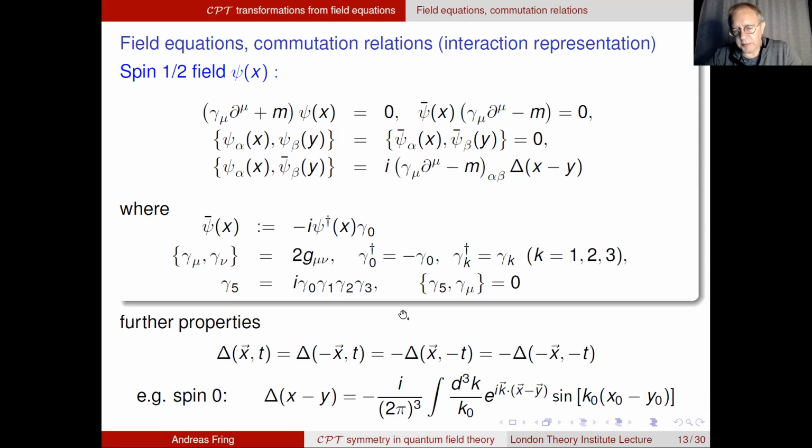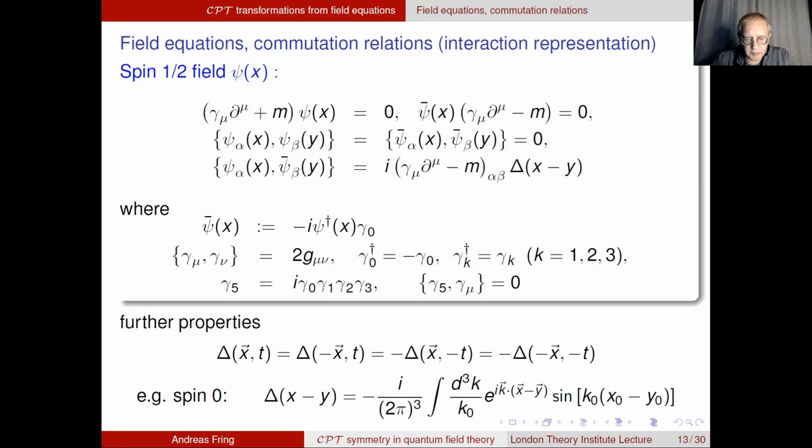And here is just one explicit example of this delta function. But what I will be using are these symmetries over here. So delta, and now I separate space and time. So delta of vector x, these are all the space components of x, comma t, is equal to delta of minus x vector, comma t.